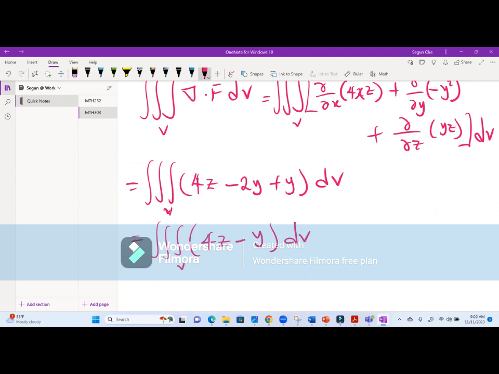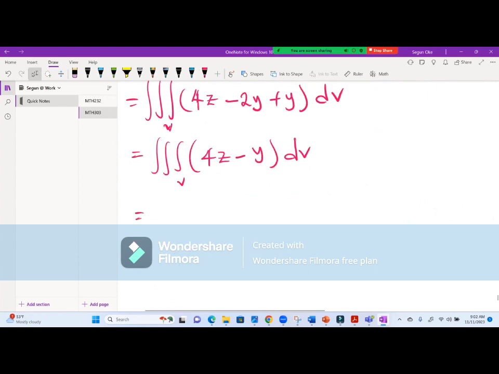So we have the limits. We can substitute the limits now. The first one is x. When x is equal to 0, the upper limit is 1. Then y equals 0, the upper limit is also 1. Then when z equals 0, the upper limit is 1.